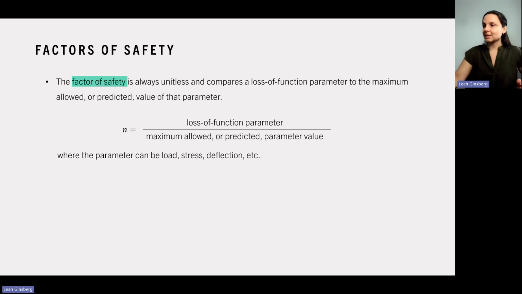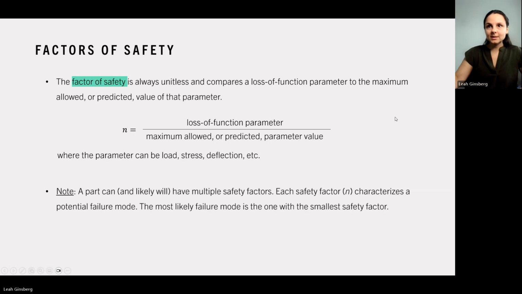So a common example might be that the safety factor for one design is equal to the ultimate strength of the material that we're using divided by the maximum predicted stress in the material in our particular application. A couple notes on factors of safety.